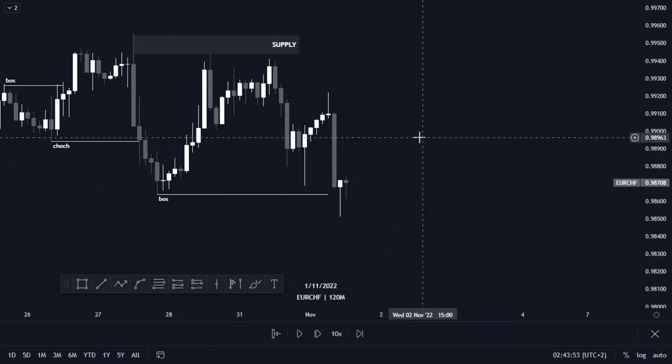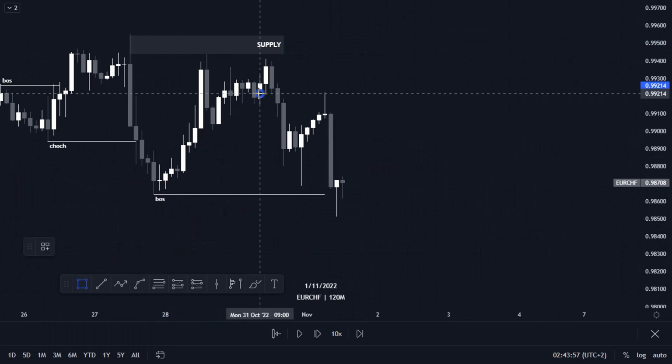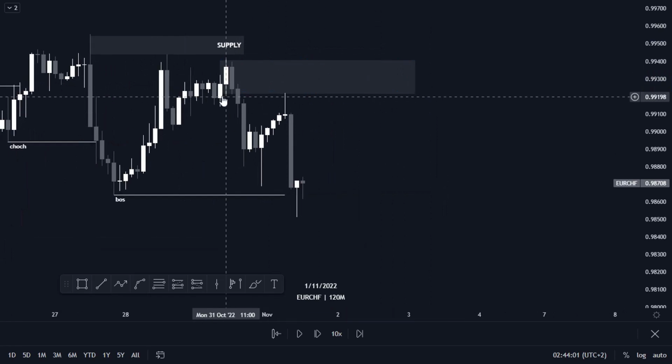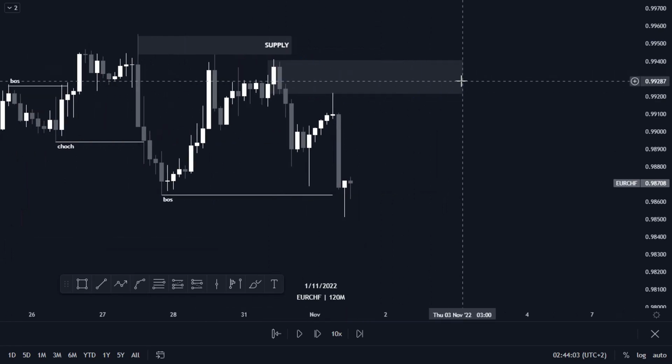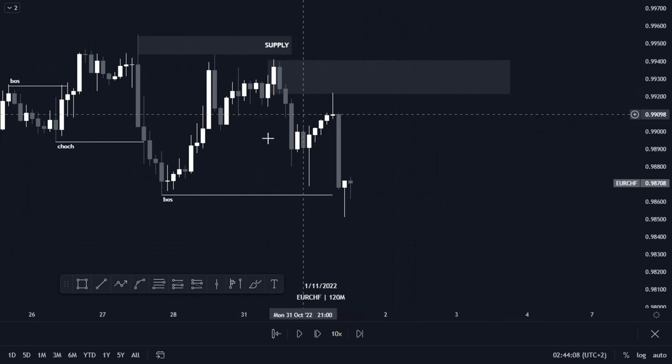I can see we have this supply area that I would be looking to take my shorts at, but you can see that there is this liquidity here.